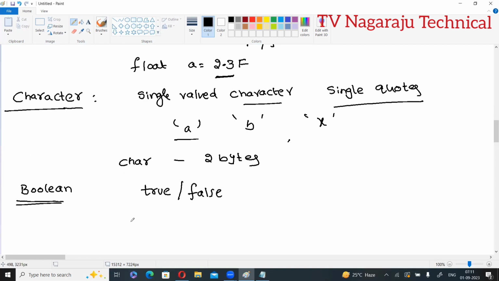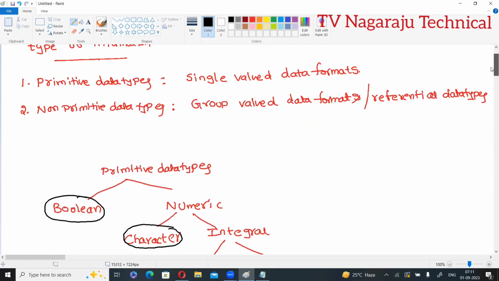What is the name of the data type? Small b, boolean. Memory is 1 bit only. Remember, the memory is 1 bit only. Clear? These are the primitive data types.